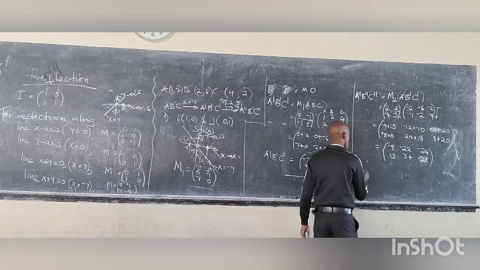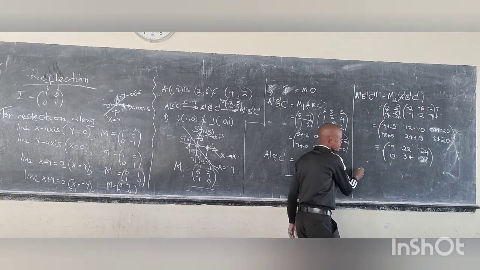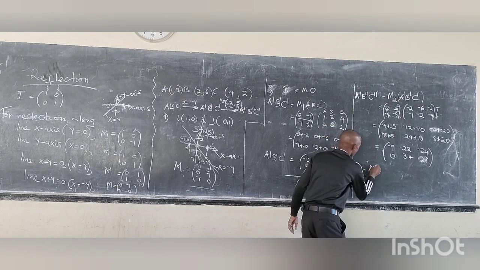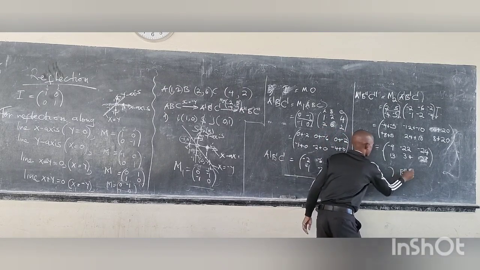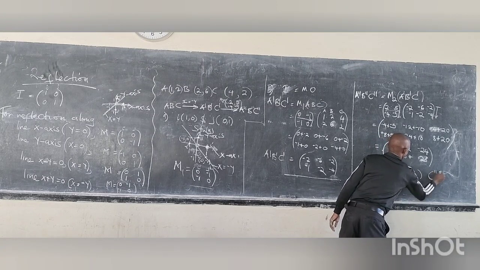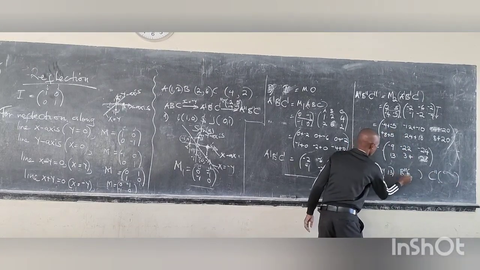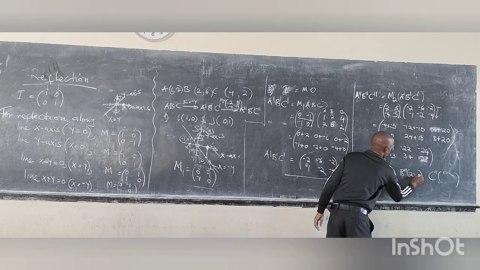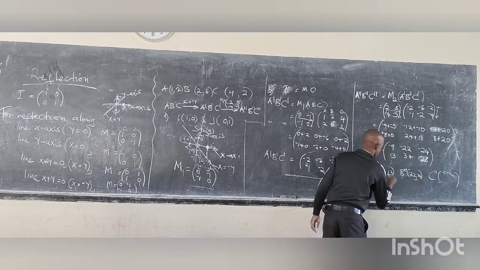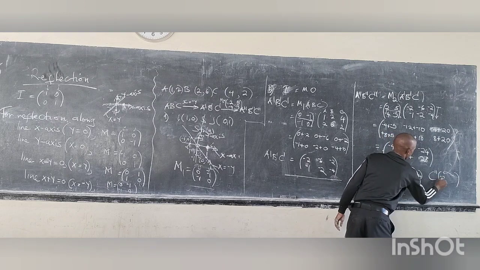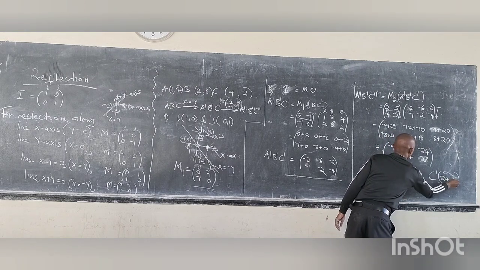But remember you were asked to write the coordinates. Finally, A double prime, B double prime, C double prime. So you set negative 9, negative 22. You put commas, yeah? Then this is 28, right?